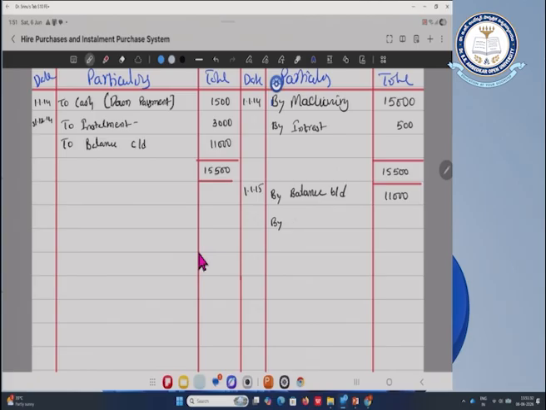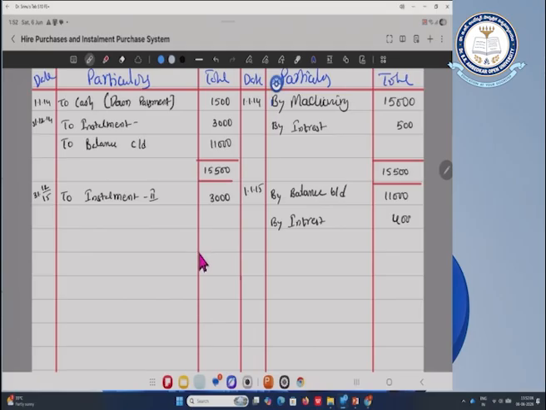Second year interest, sorry, interest 400 rupees, and at the end of the day 31st 12/15, the second installment in cash, how much did they pay?